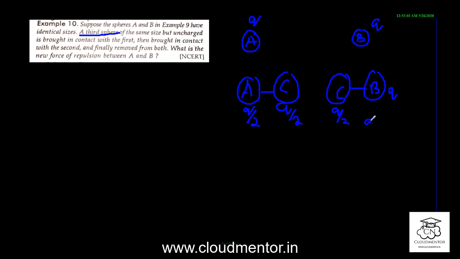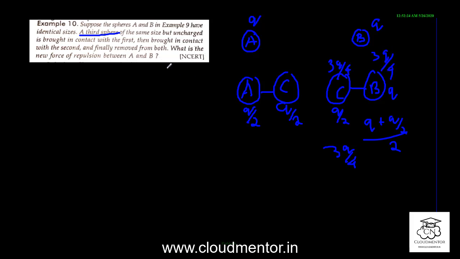Total charge here is Q plus Q by 2, and the whole divided by 2. That will be 3Q by 2 divided by 2, which is equal to 3Q by 4. So now C and B both have 3Q by 4.